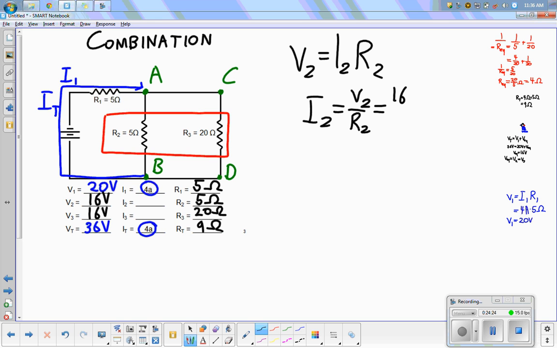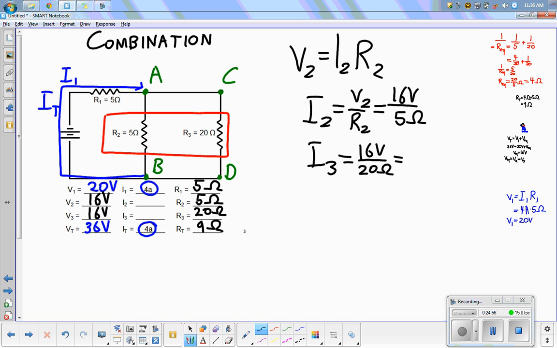And current 3 is going to be 16 volts divided by 20 ohms, or about 0.8 amps.